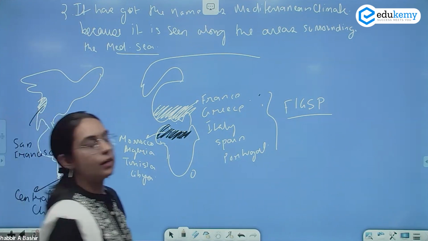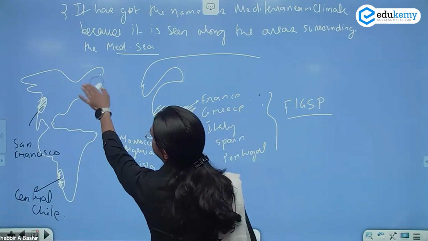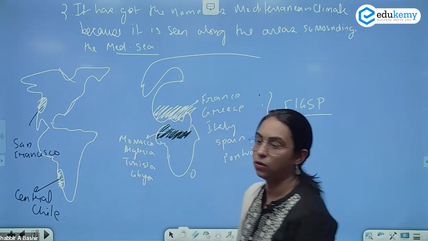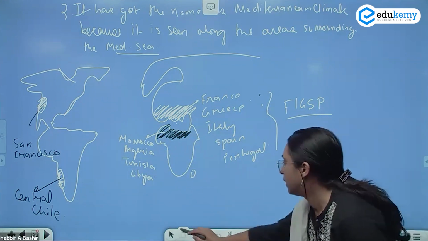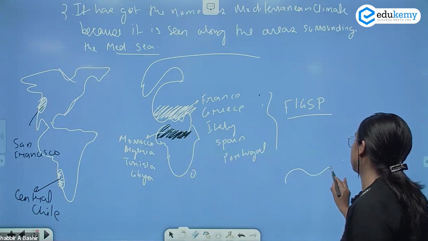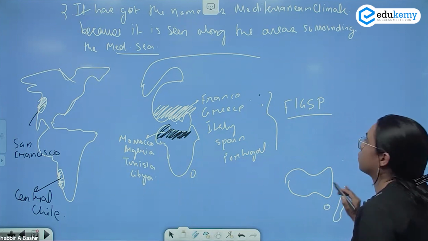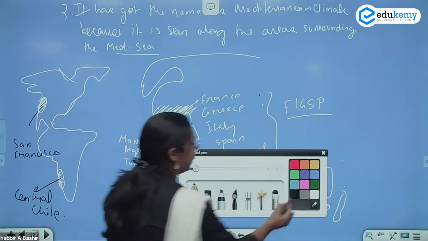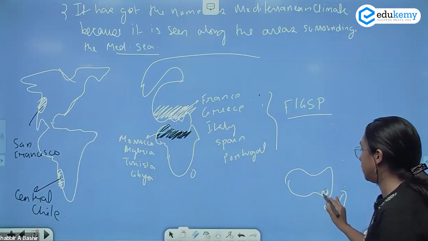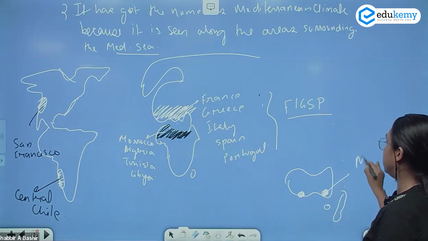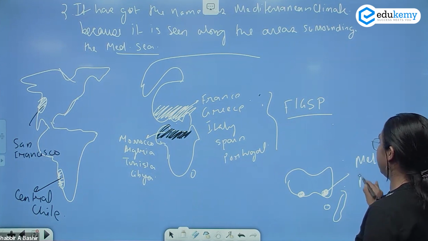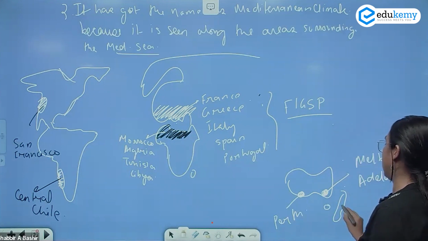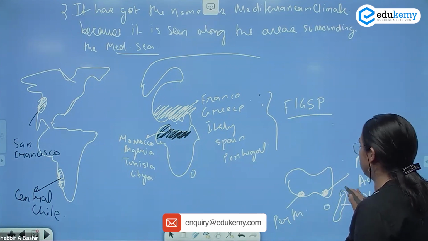And in Australia too, you have regions of the Mediterranean climate along Melbourne, Adelaide, at Perth, and also in some regions of New Zealand.